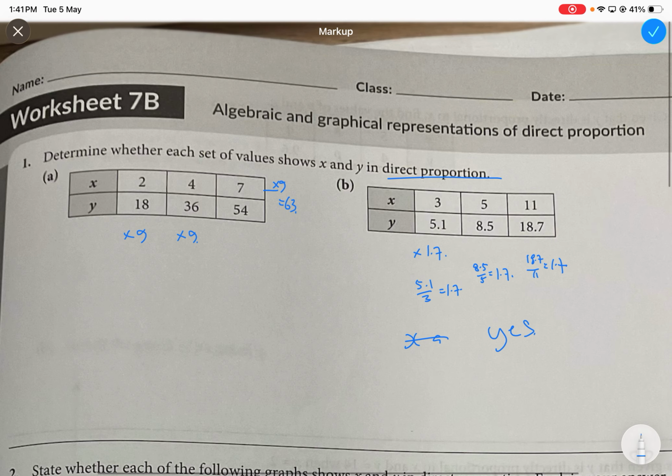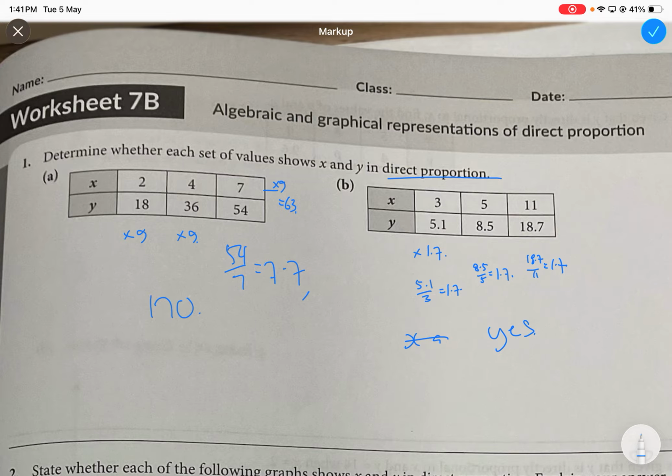Just now this one, no. Because 18 divided by 2 is 9, 36 divided by 4 is 9, 54 divided by 7 is not 9. 54 divided by 7 is 7.7. Okay?